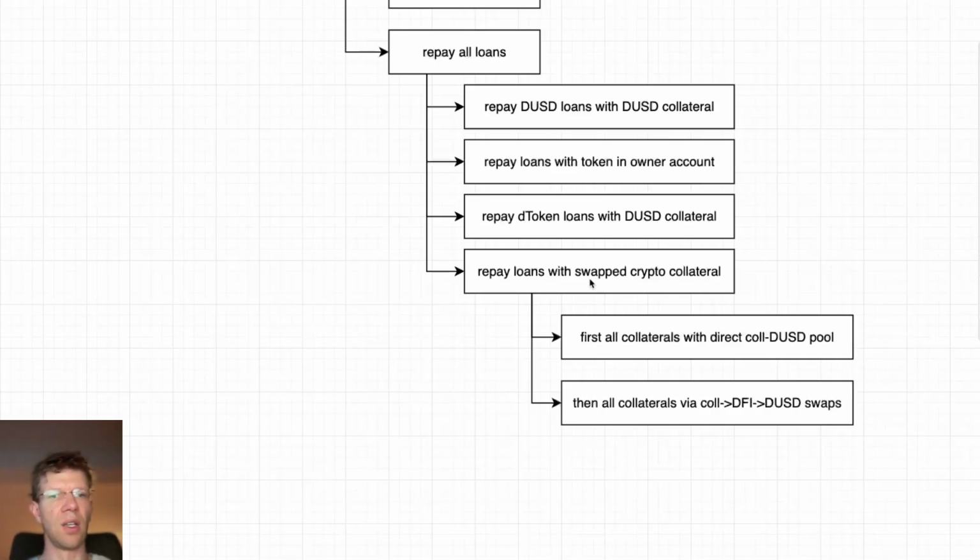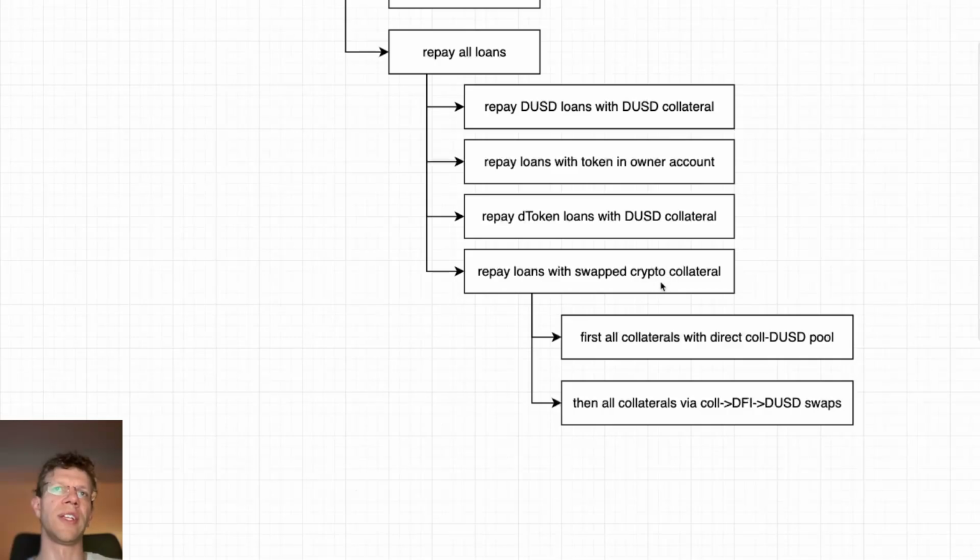So you need less crypto to pay back the loans if you swap the crypto to DUSD and then burn the DUSD, than if you burn the crypto directly for the Oracle price, and the Oracle price for DUSD is 1. So that's even a benefit for the vault owner, and also a benefit for the system, because it also buys a bit and supports the DUSD in the conversion.